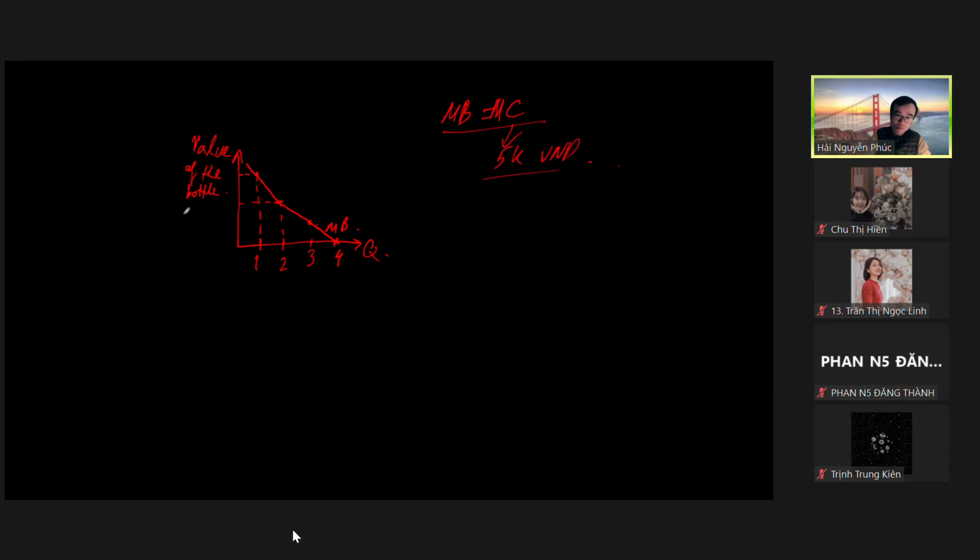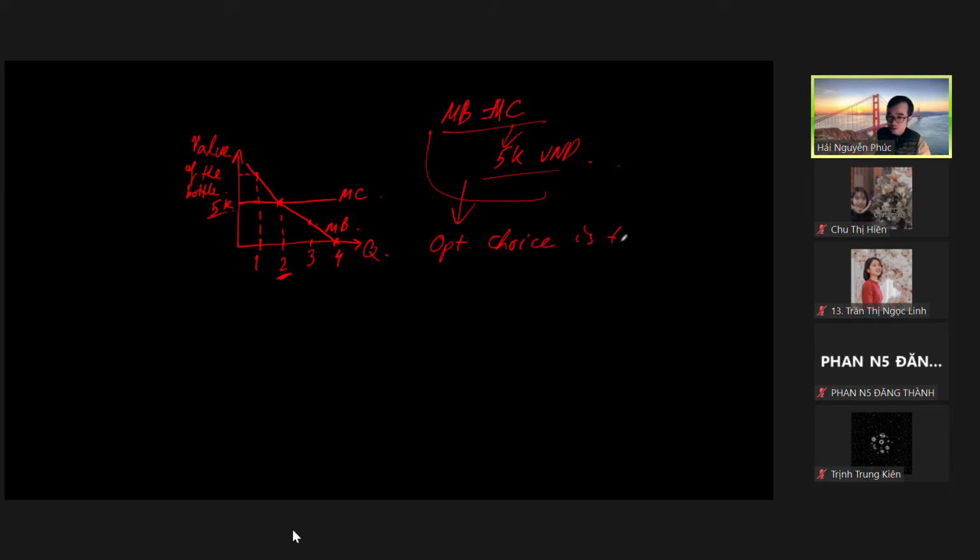Because it is constant, I draw it as a horizontal line at $5,000. Suppose the MC curve and the MB curve cross at the quantity of 2 at this point.